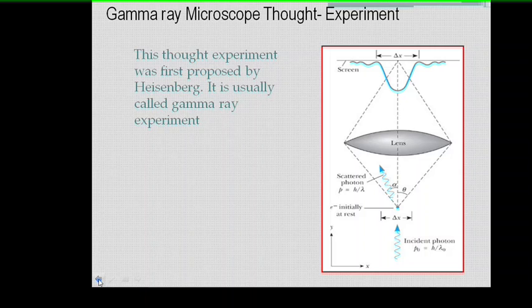It means that we must illuminate the electron with gamma rays of wavelength of the order of 0.01 Angstrom.